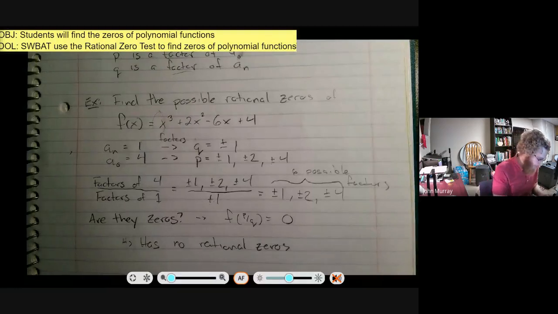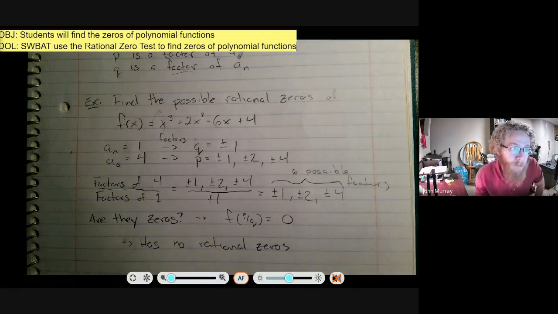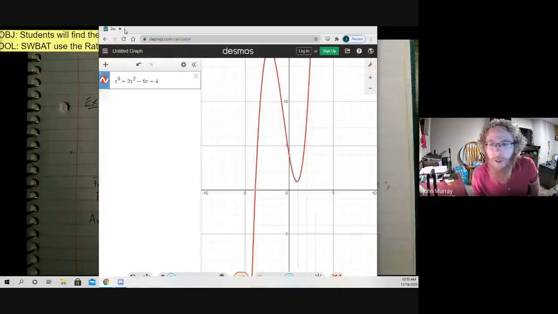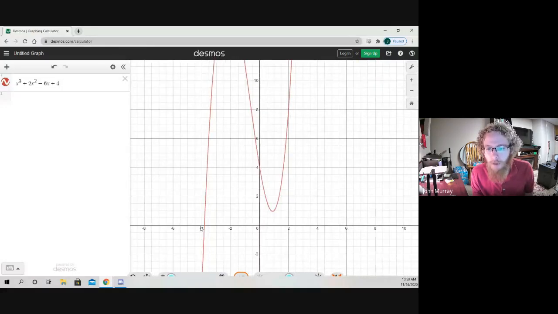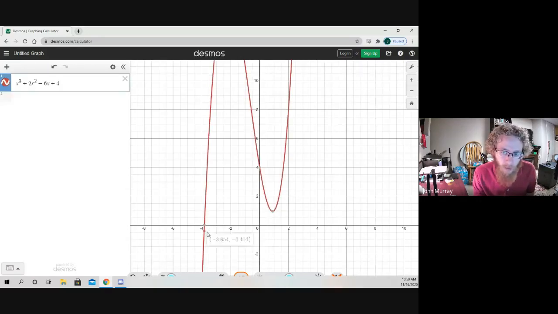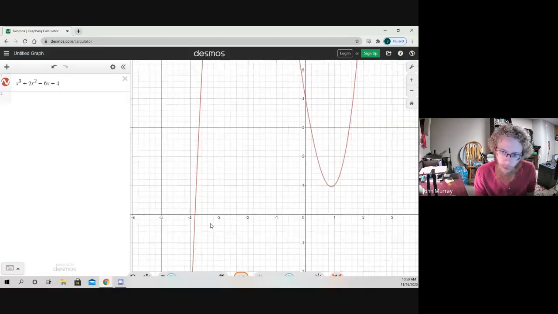Let me type it out: x to the third plus 2x squared minus 6x plus 4. Okay, so here's the graph of our function. And you're saying, oh, Mr. Murray, we didn't find any rational zeros, but it does have a 0. That's fine. It's going to have some complex zeros because it only has one real solution.